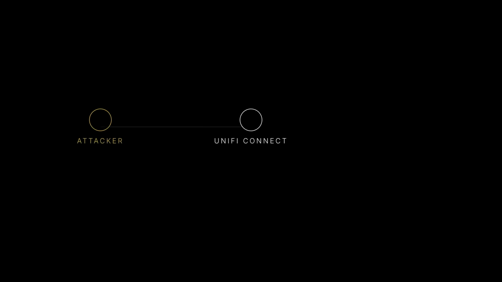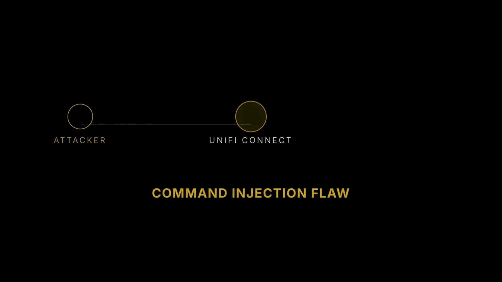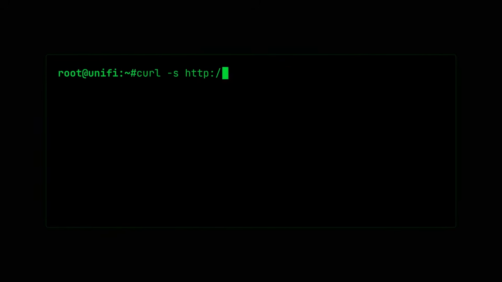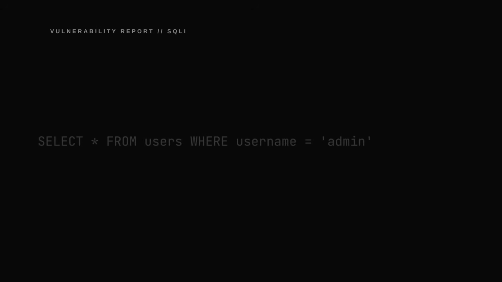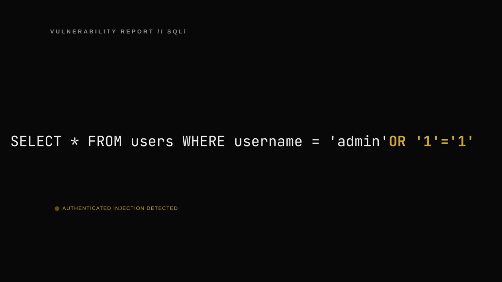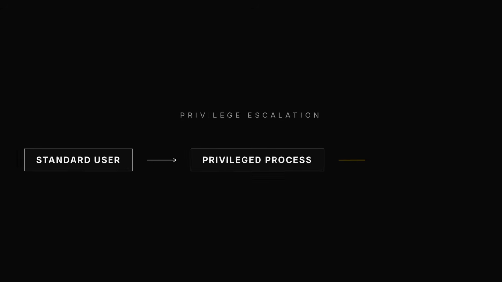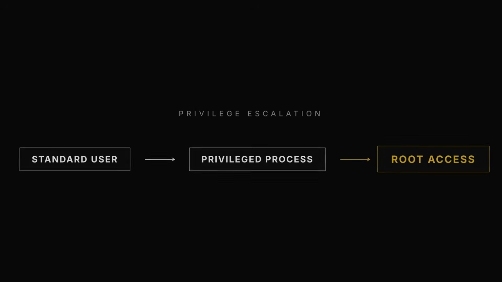The most severe is a command injection flaw in UniFi Connect due to improper access control. Attackers can exploit this to execute arbitrary commands on the host system. UniFi Talk suffers from an authenticated SQL injection, and UniFi Access has both command injection and privilege escalation flaws.